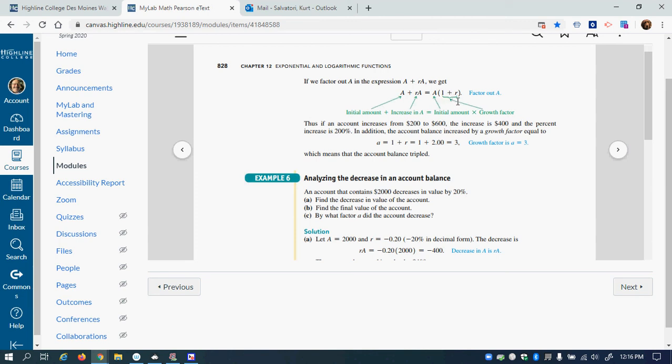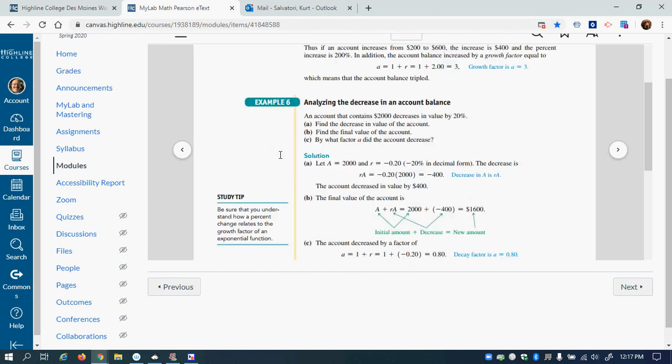Thus the account increases to $600, an increase of $400, and the percent increase is 200%. So this is a growth factor equal to 1 plus R, where 1 is the original and R is the increase. In the next tape we will go over examples of how all this works.